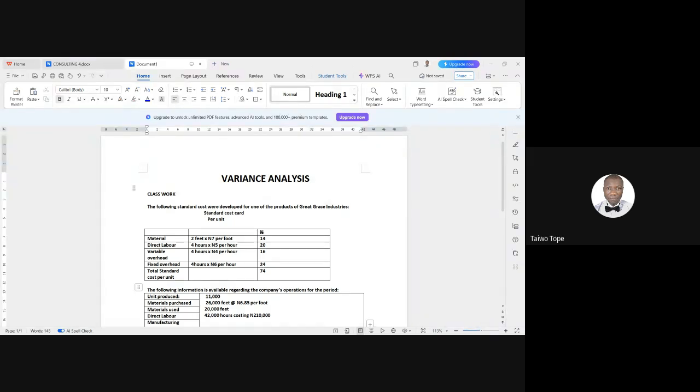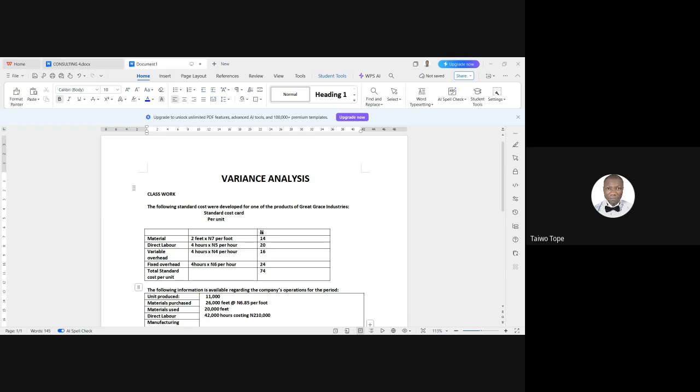But for you to come up with a standard, there must be a market research or a market survey for you to know in the environment you find yourself, what is the opportunity around? Is there a need that you need to meet? So this must be identified for a standard to be set up.